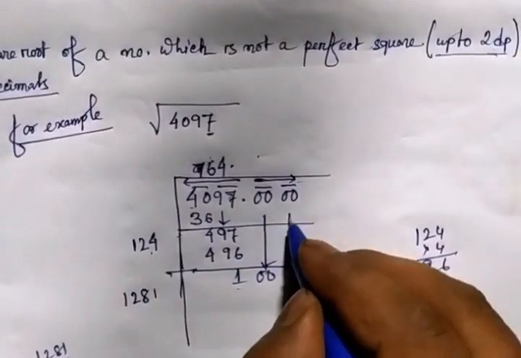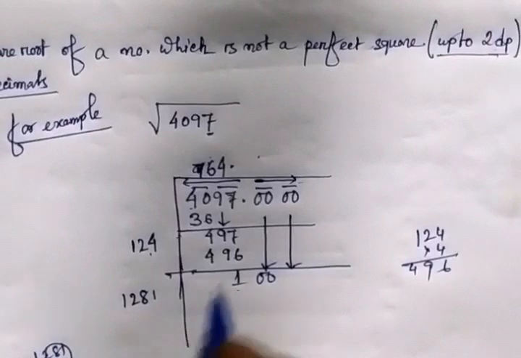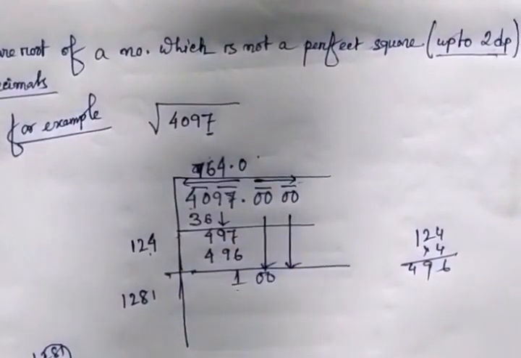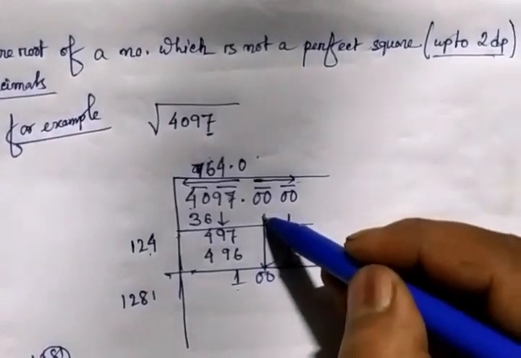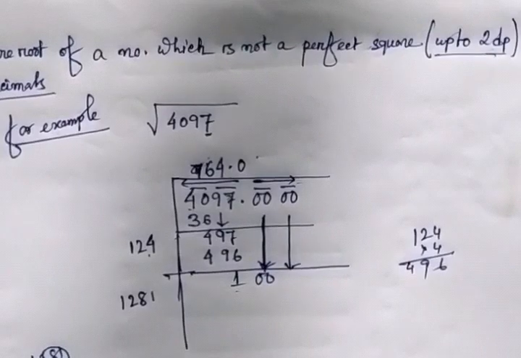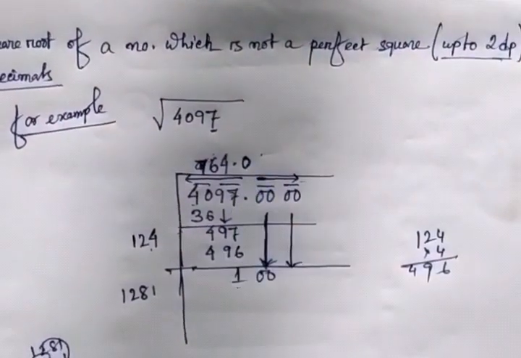So we need another pair, and if we take 2 pairs at a time, then we take 0 here. Only we can take 1 pair at a time; if we take more than 1 pair, then we take 0 here.